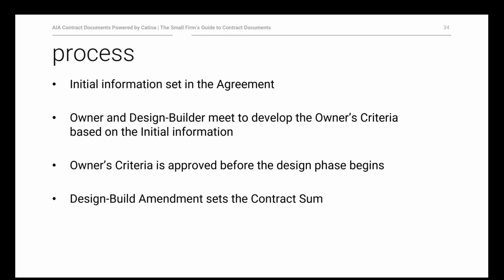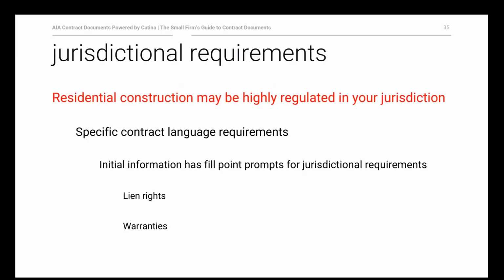Again, here's a slide that just walks you through the process. The initial information is set out in the agreement. The owner and the design builder meet to develop the owner's criteria. The owner's criteria is approved by the owner before the design phase begins, and then you enter into the design build amendment to set the sum and schedule.